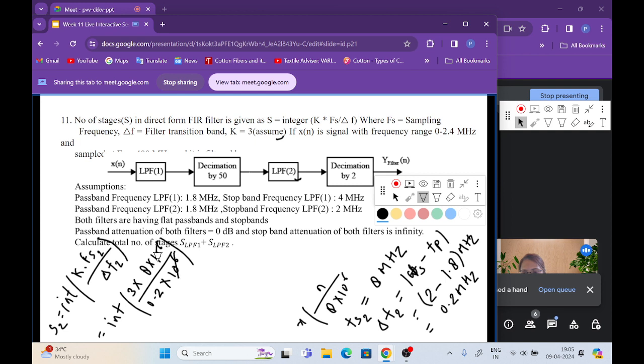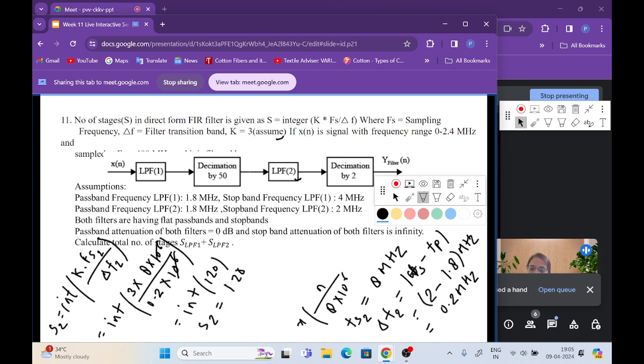So this one will be cancelled out. If you do that, 3 into 8 divided by 0.2, you will get 120. So the number of stages in low pass filter 2 is 120.